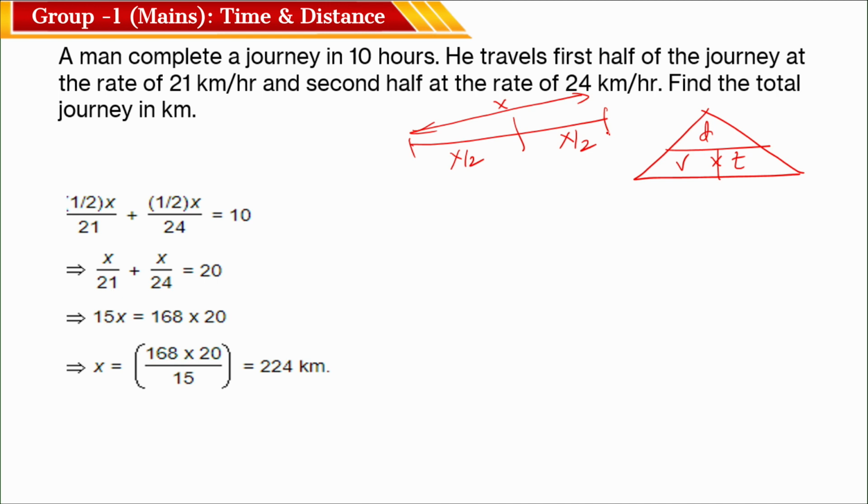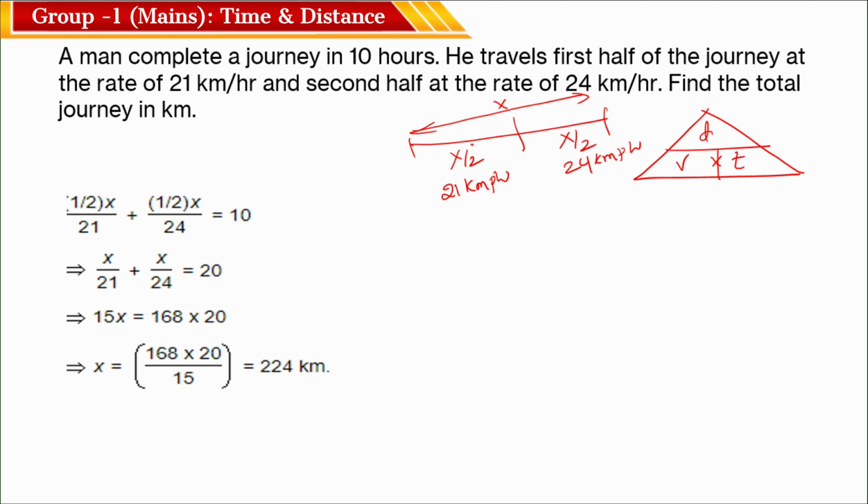The man travels half of the distance with the speed of 21 kmph, and the second half at 24 kmph. This is the information given. So we know the distance and the speed, and the time is required, correct.